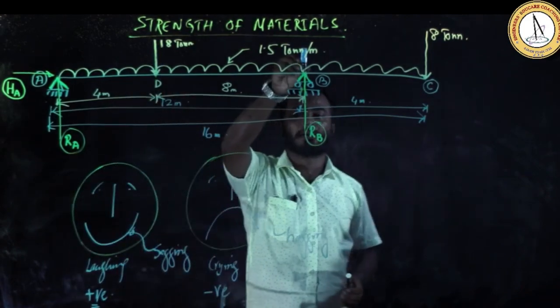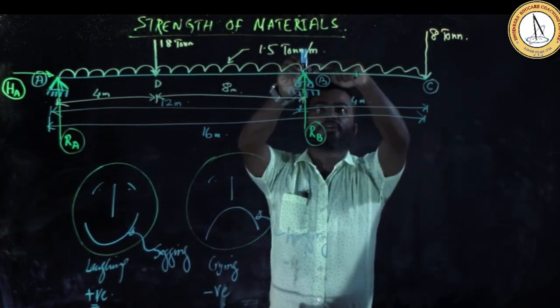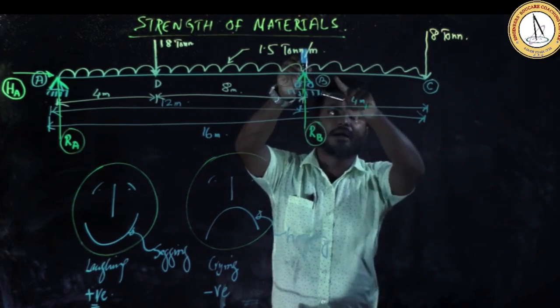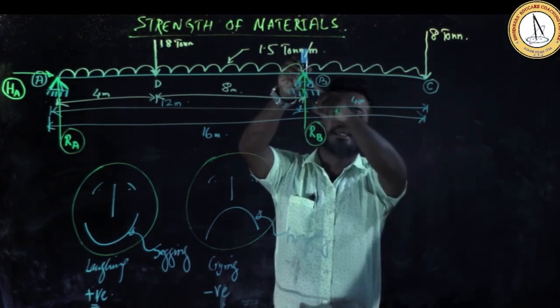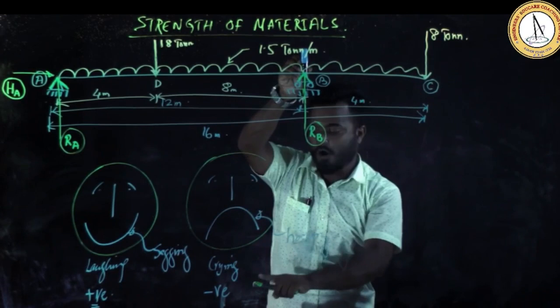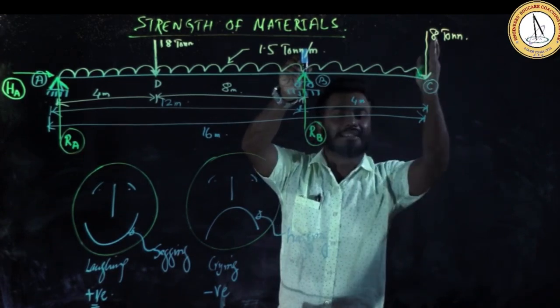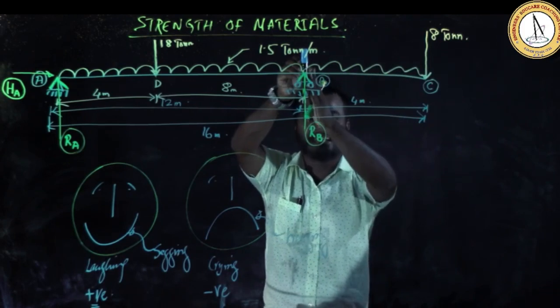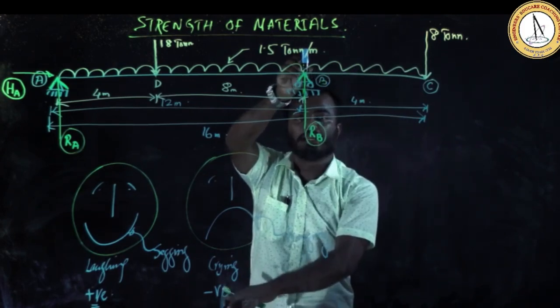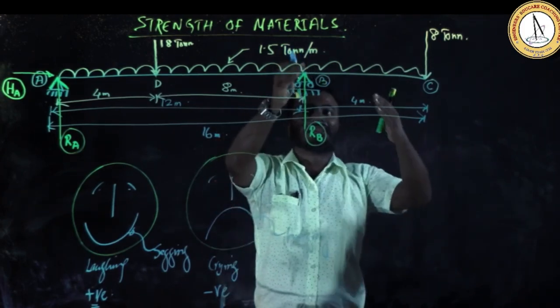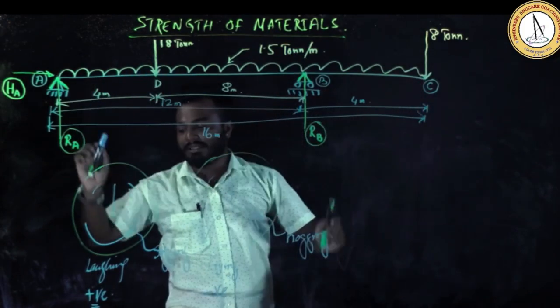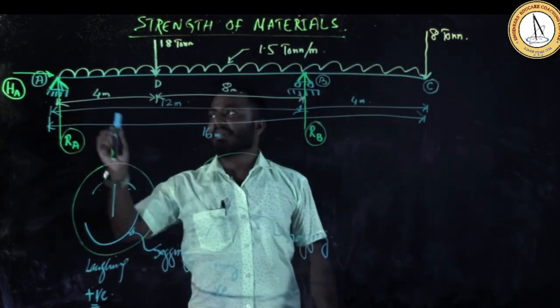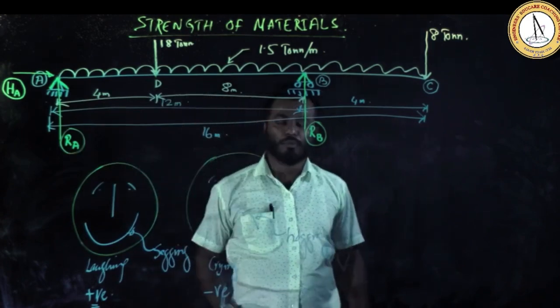Similarly, say I am considering B. Because of the UDL, say the shape of the beam, that is BC, is undergoing hogging or crying, then because of this 8 ton or this UDL, whatever amount of moment is created at B needs to be considered as negative. So once you calculate all those bending moments by considering the sign convention, you need to plot the bending moments.